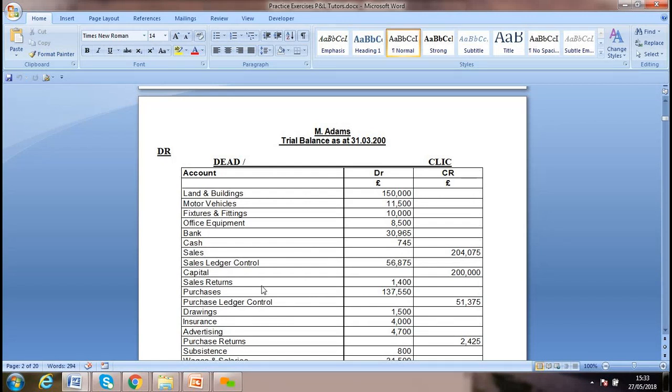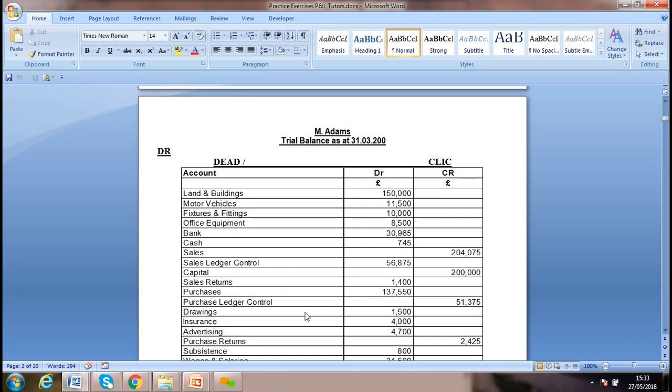Purchases is expense, and expenses go on which side? Debit side. Well done. That's what we are putting on the debit side. So purchase ledger control means our liabilities, and liability goes on the credit side.